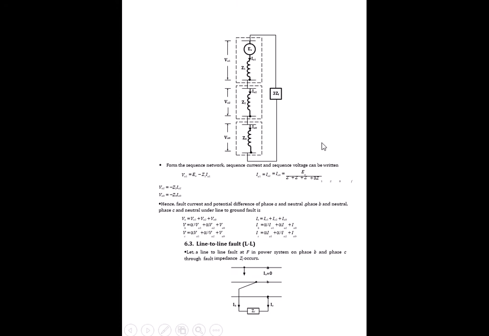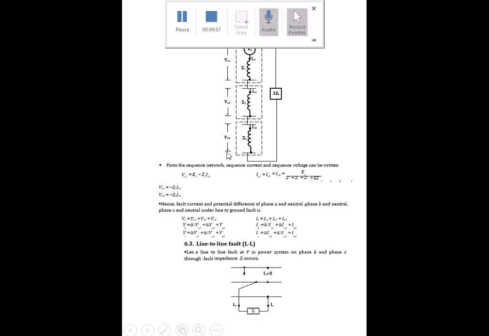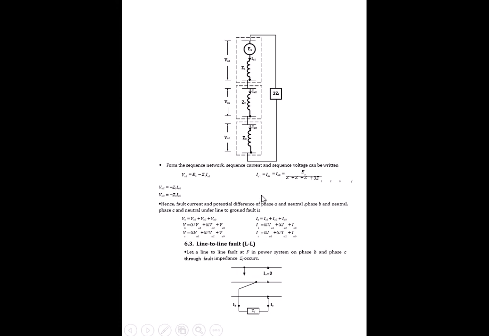So this is all about the LG fault. If you have any kind of doubt about the LG fault, then definitely you can comment it down. In the next lecture, we will see the double line fault, how the double line fault is created, and how we can analyze it using the same method.